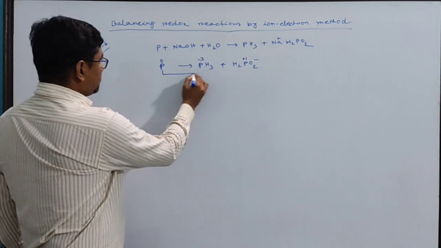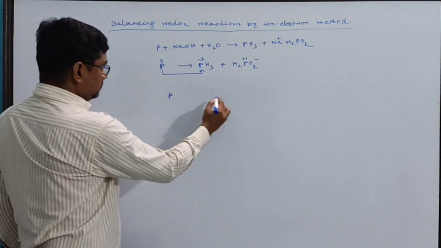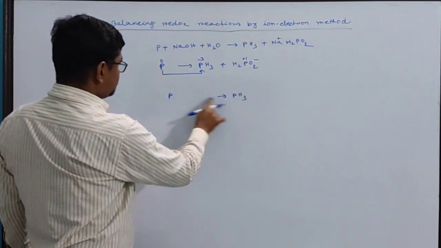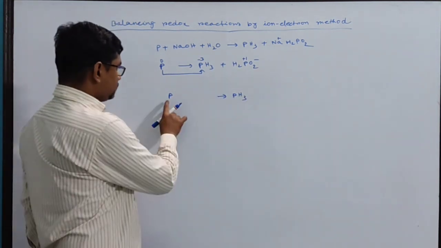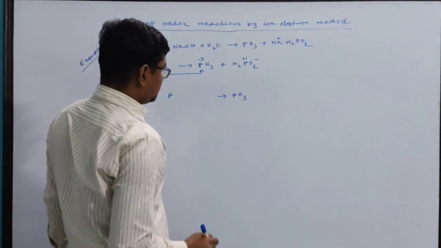One change, for the first change is phosphorus is going to PH3. Here phosphorus is balanced because one phosphorus, but 3 hydrogens are extra in the right hand side.